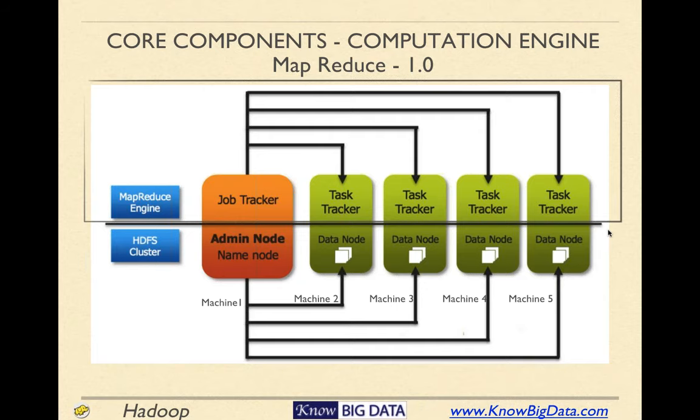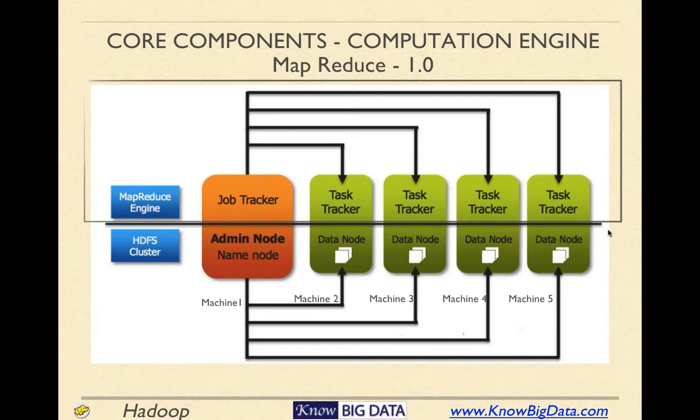So on all of these nodes, we install a process called task tracker. And on one of the nodes, we generally dedicate a job tracker. Job tracker and name node, although they are installed on the same machine in this diagram, in real life are generally on different machines.